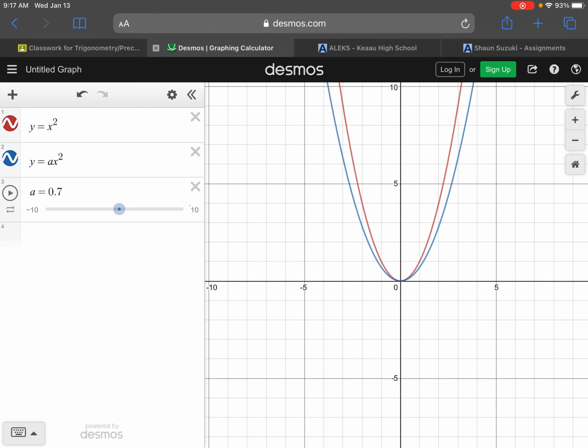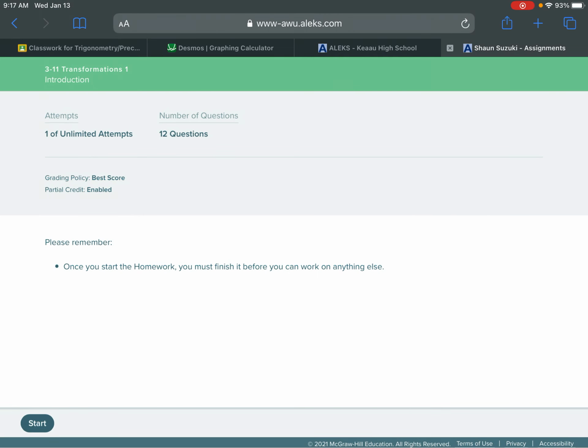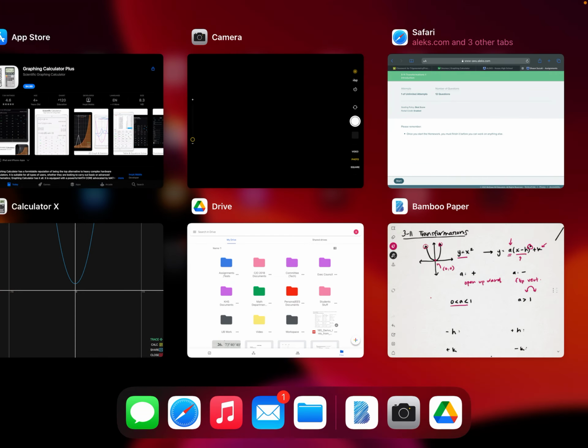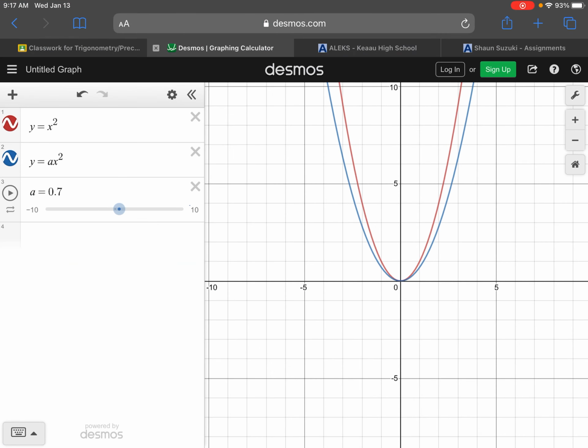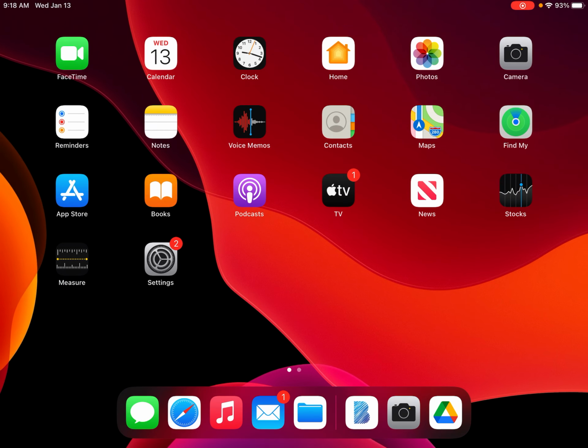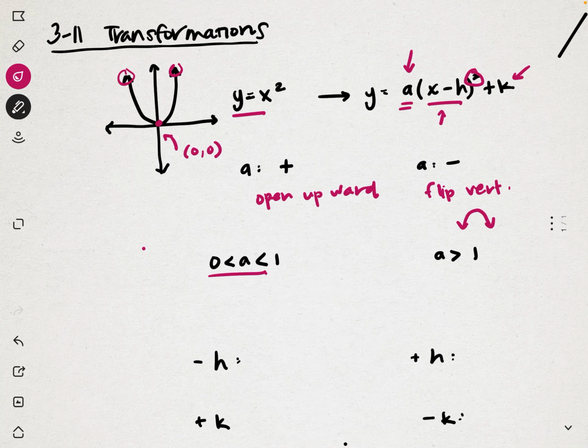Notice what happened here is that the graph got wider. We call this a vertical compression. As we get closer and closer to 0, it gets wider and wider. This is one of the questions they're going to ask you on your assignment, so let's note that.